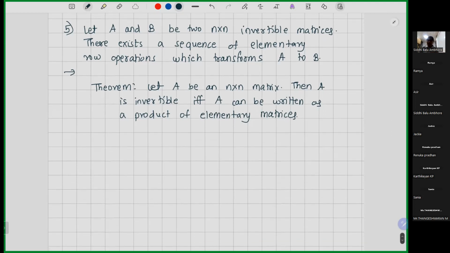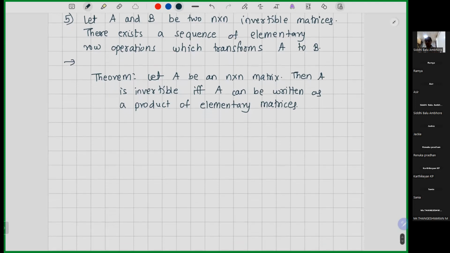So what they are saying is that if A and B are two invertible matrices, can I start with A and do elementary row operations and obtain B? It is similar to saying that I'm starting with matrix A, I multiply it with sufficiently many suitable elementary matrices and I obtain B. So that is what they are asking.